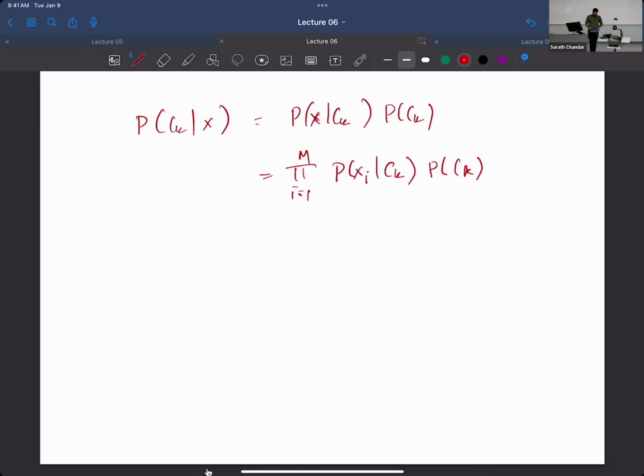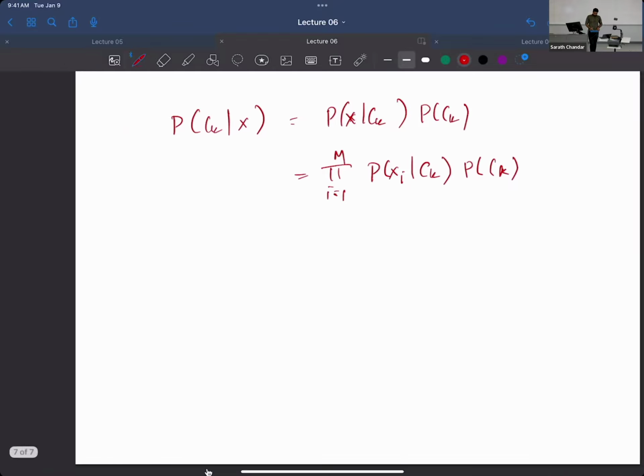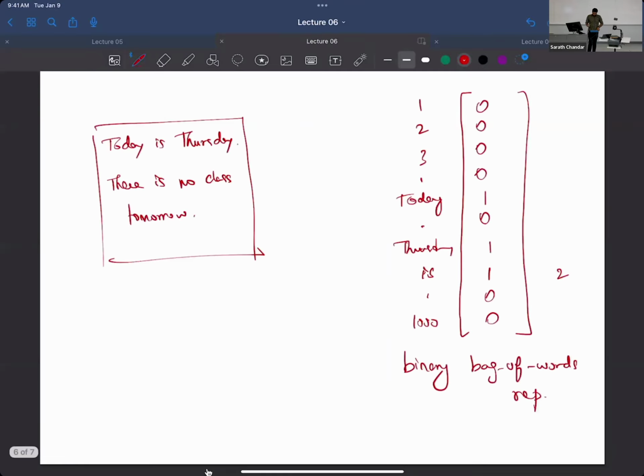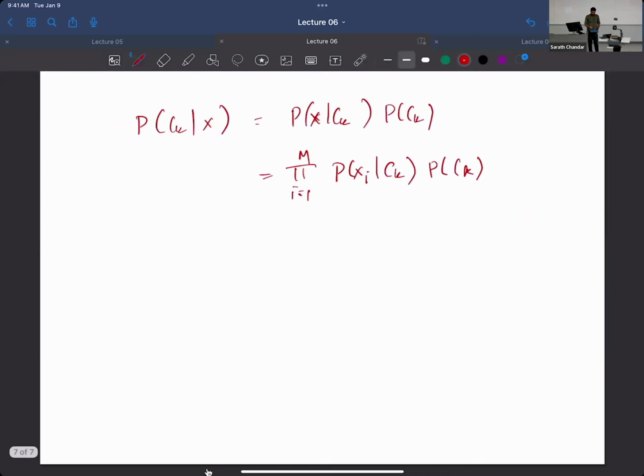Okay. Now given this dataset, you can learn the probabilities, and given a new document, you can compute p of ck given x by just using this formula, right?